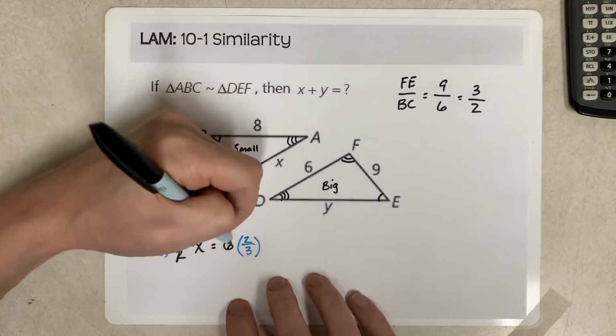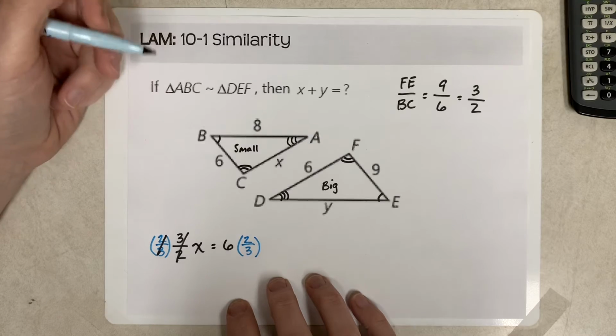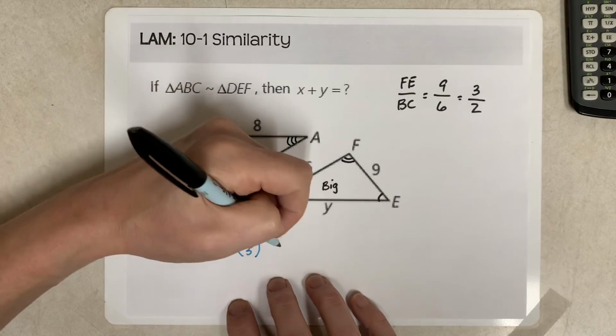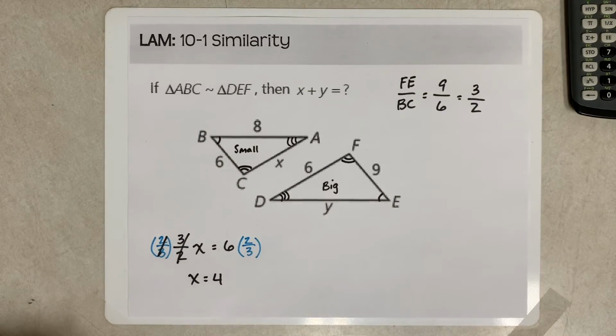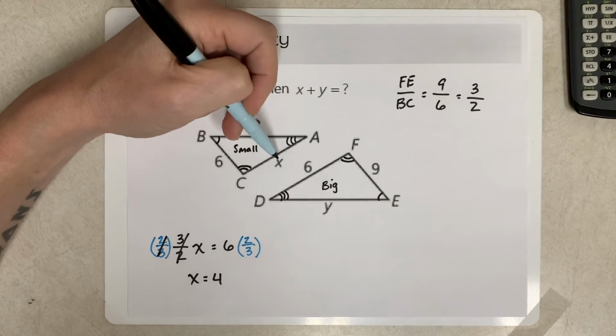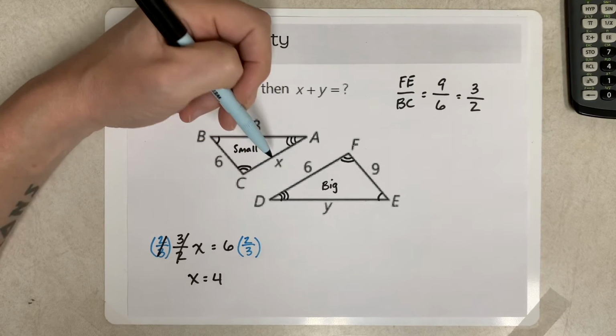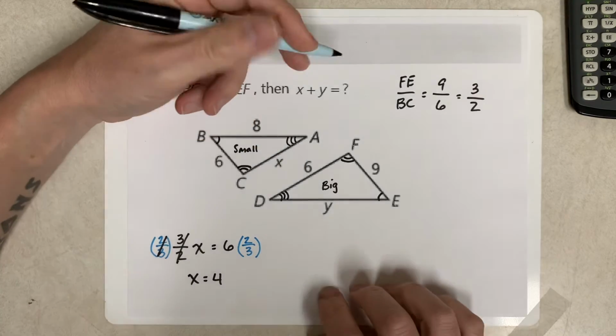And I'm going to get 6 times 2 is 12. And so 12 divided by 3 is 4. So x has to be 4. And that makes sense because this one's smaller than 6. So it should be 4. Okay, so that's good.